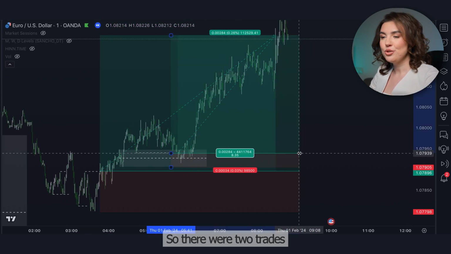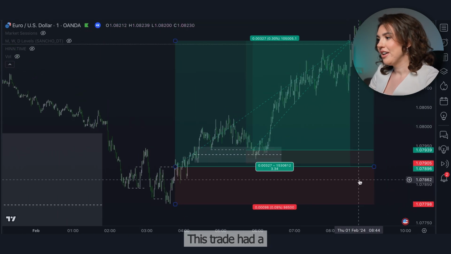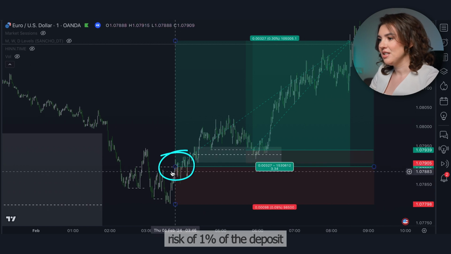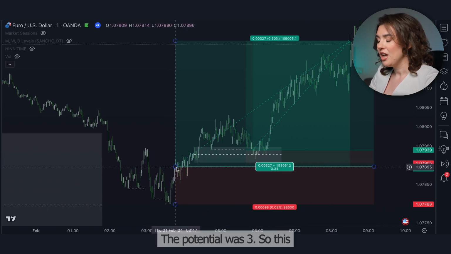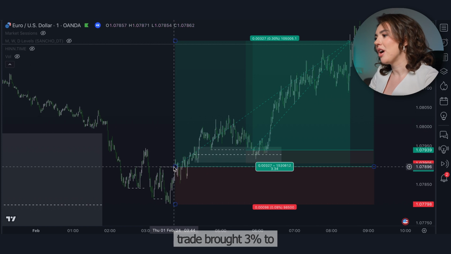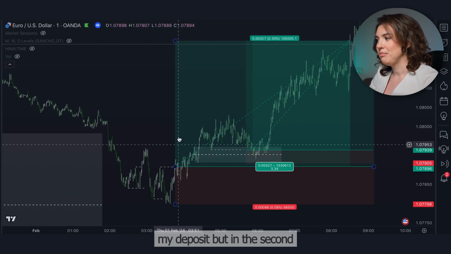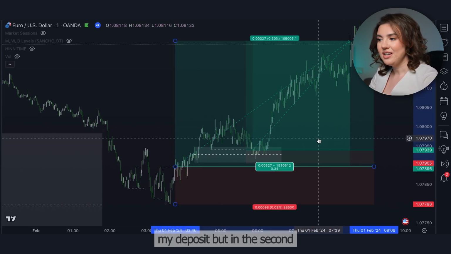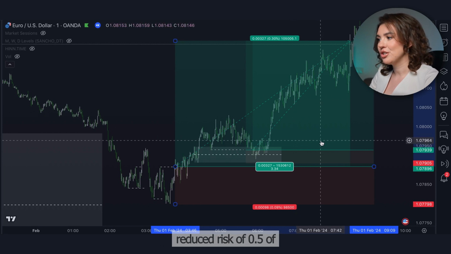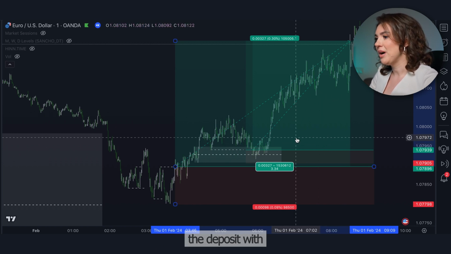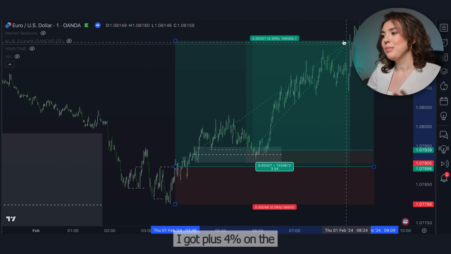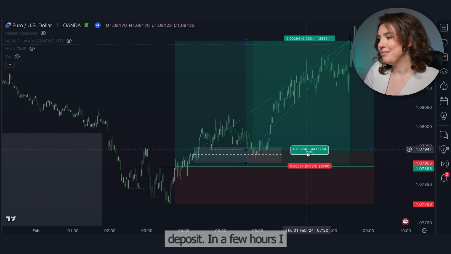So there were 2 trades. This trade had a risk of 1% of the deposit. The potential was 3. So this trade brought 3% to my deposit. But in the second small trade I entered with a reduced risk of 0.5 of the deposit with a ratio of 1 to 8. I got plus 4% on the deposit.